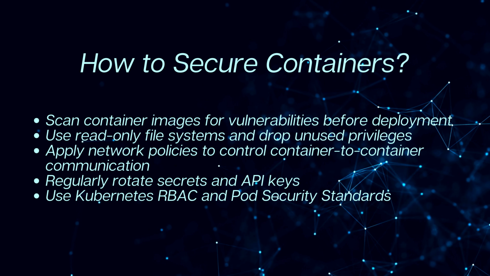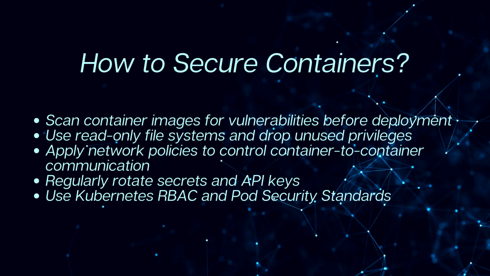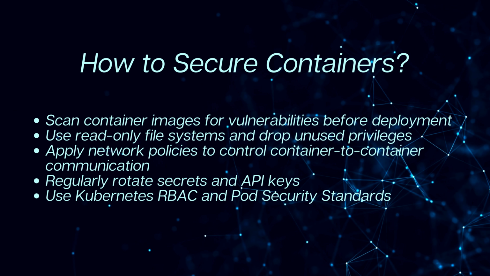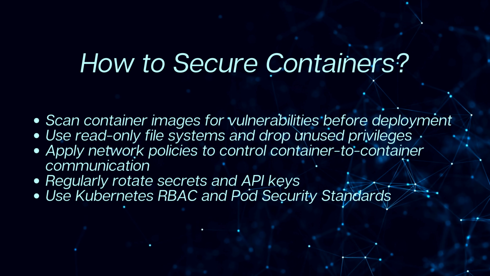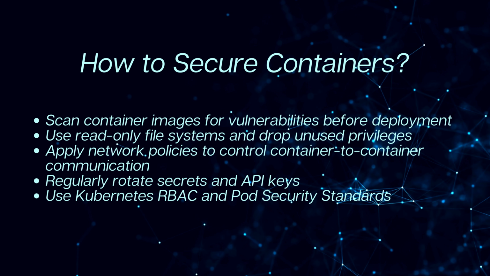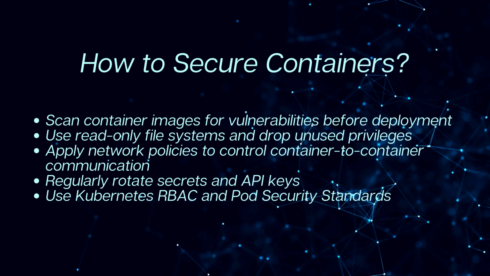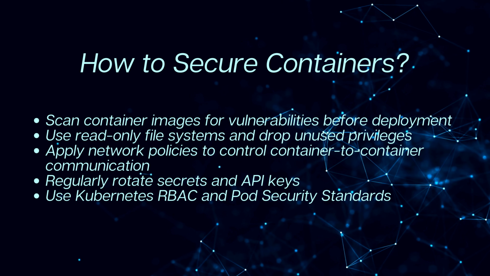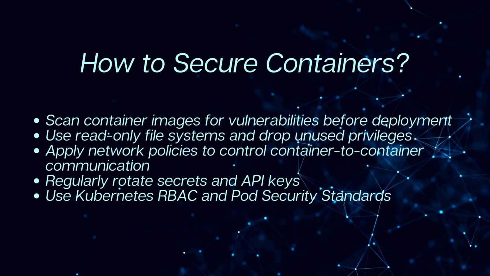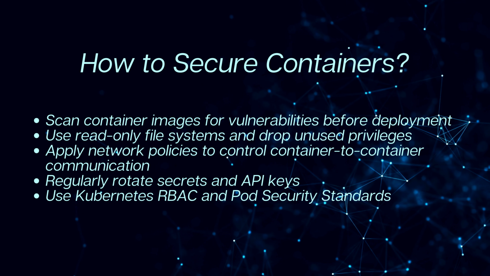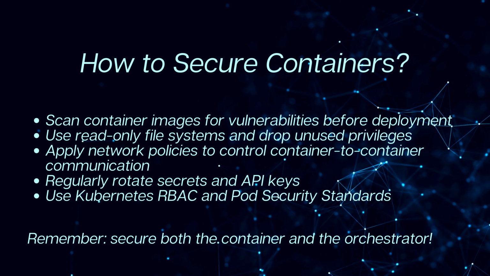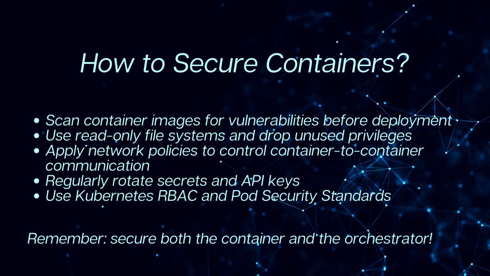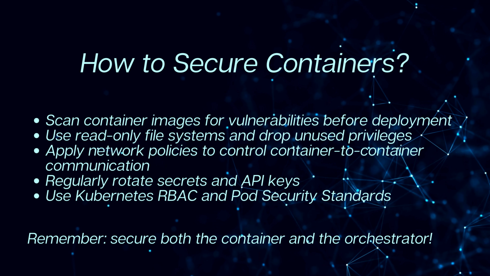Use read-only file system and drop unused privileges. Apply network policies to control container to container communication. Regularly rotate secrets and API keys. Use Kubernetes RBAC and pod security standards. Remember, secure both the containers and the orchestrator.